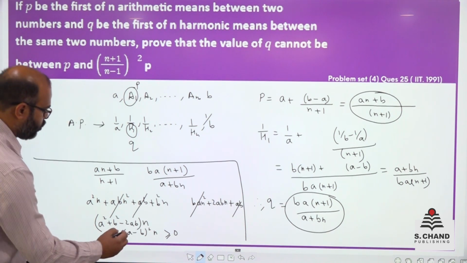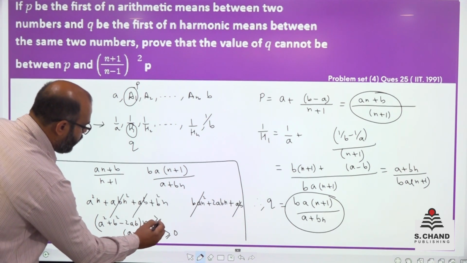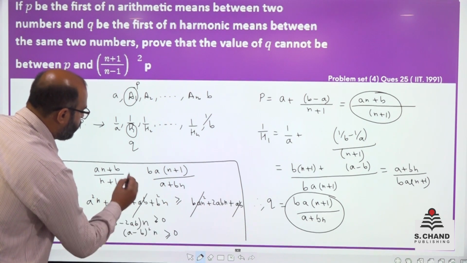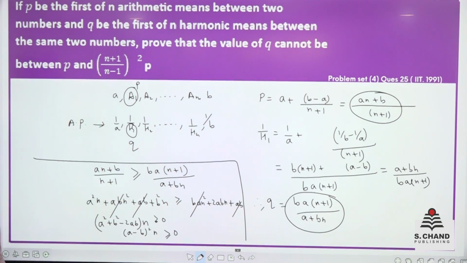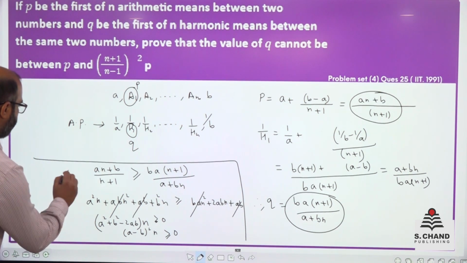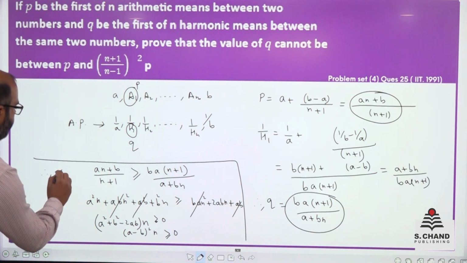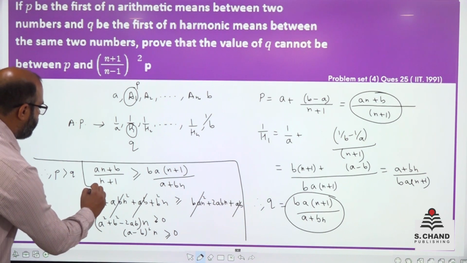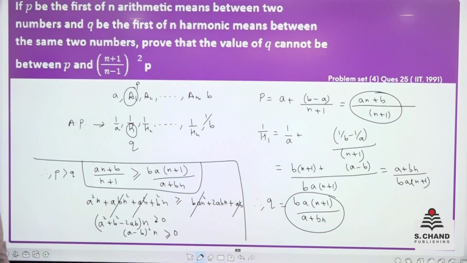So here it is also greater than or equal to 0. Here there is a greater than or equal to sign. So this was (An plus B) by (n plus 1), P. Therefore P is greater than or equal to Q. This is what we have obtained.